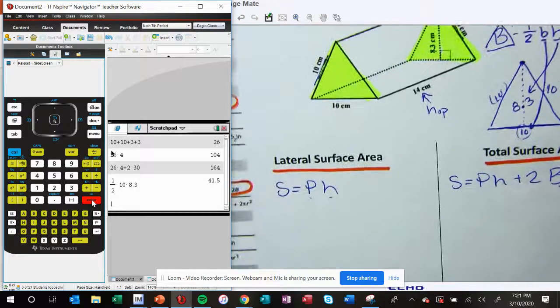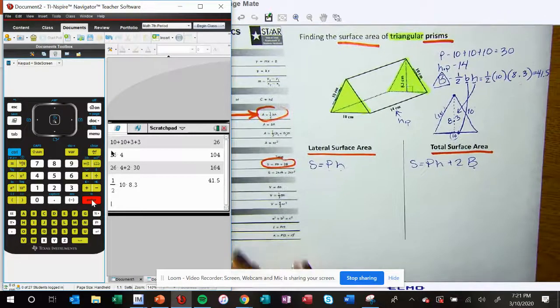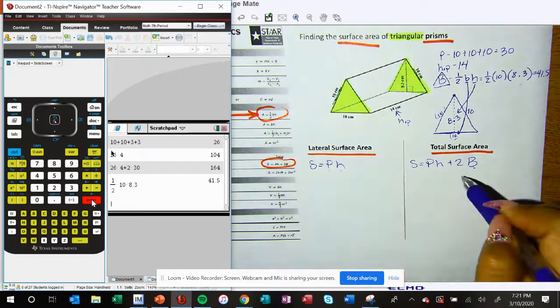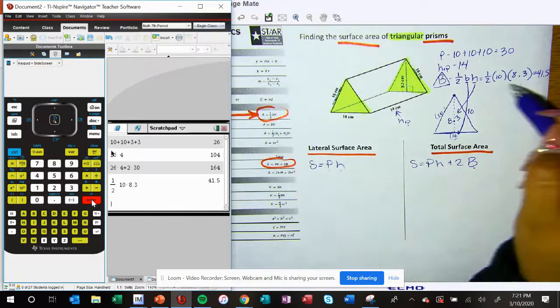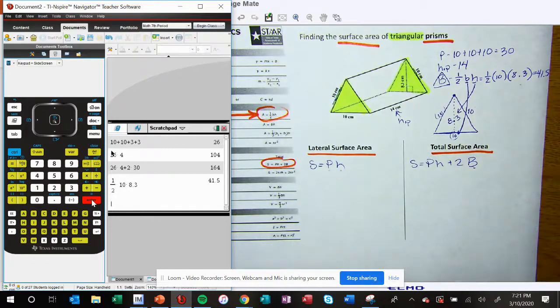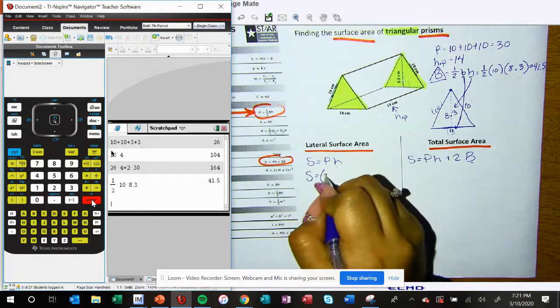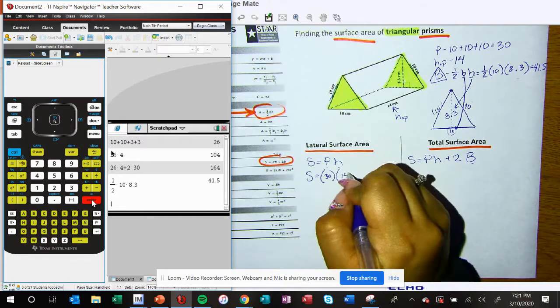Now, like I said, when y'all were doing rectangular prisms, make sure that first, before you start doing all of this, write out the formula. Because if you're using lateral, you don't even need the B. So you don't even have to do this extra stuff, okay? So now I'm just going to plug in. My P was 30 and my h was 14.